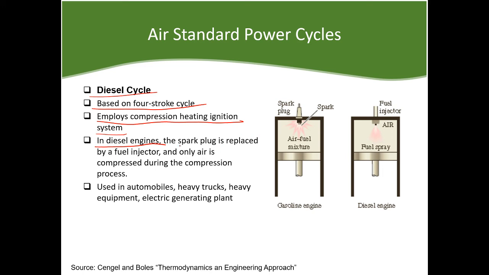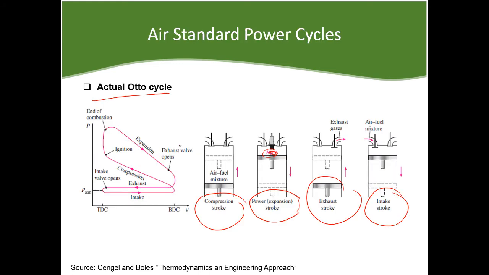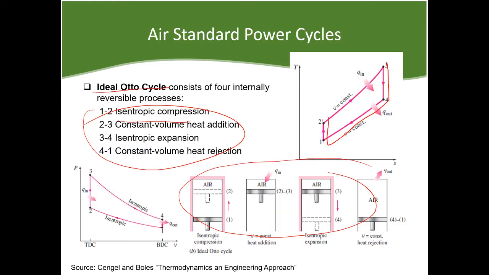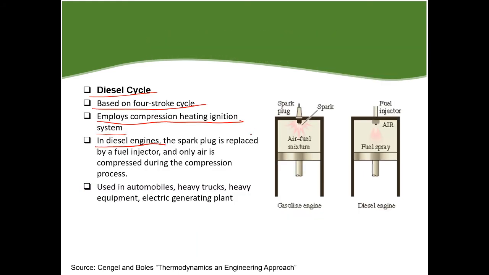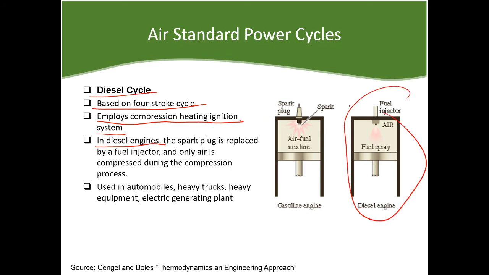Kasi doon sa Otto cycle, meron kang spark plug. Yan, ito yung spark plug mo. Pero sa diesel, wala kang spark plug. Kasi dito yung diesel meron kang fuel injector. Pero sa gasoline engine, meron kang spark plug.